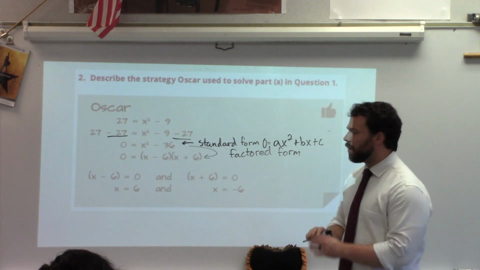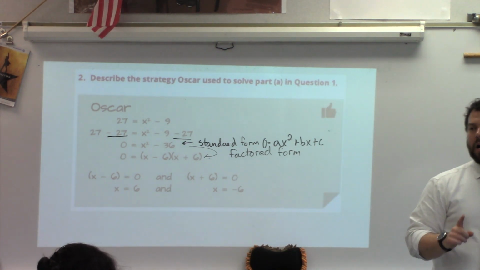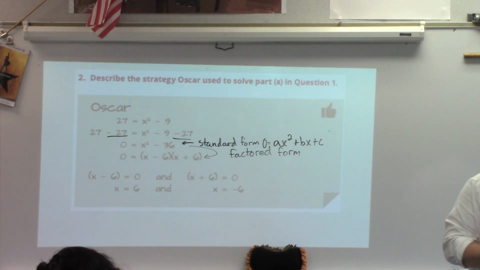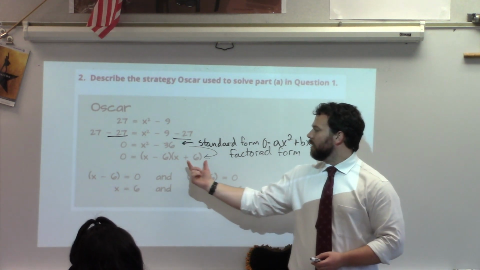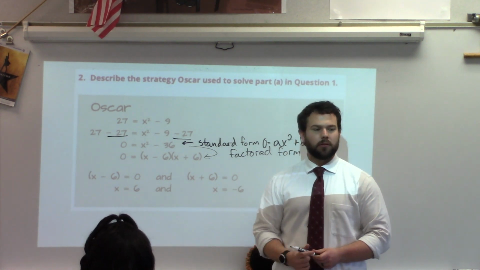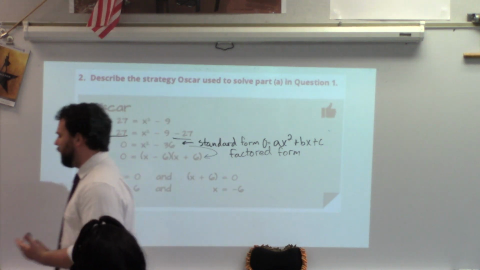So I'm going to cover 2 different things right now. First off, I'm going to talk about why would he want factored form. And secondly, I'm going to teach you how he got to factored form. So does anyone have an idea why he might want factored form when paying attention to what he did next? It's something about those zeros. There's something really important about that 0.